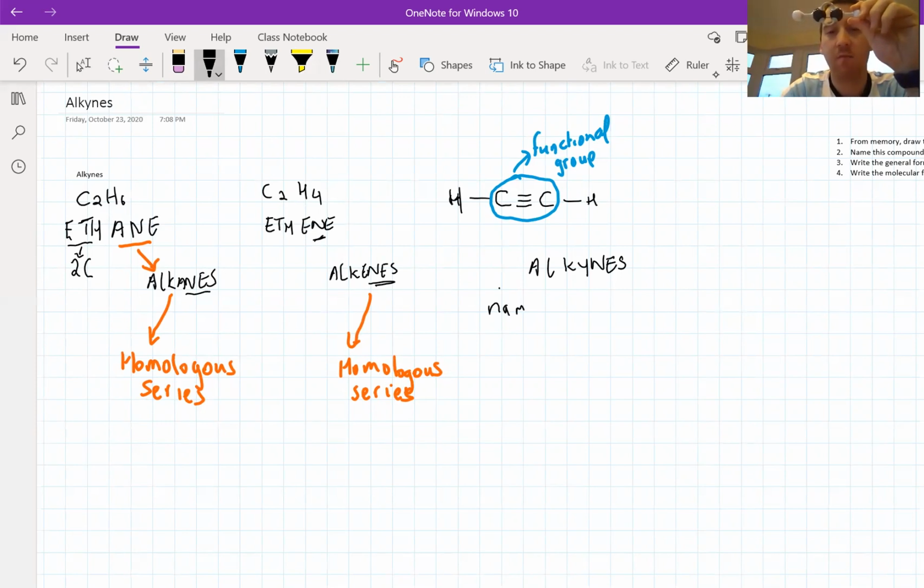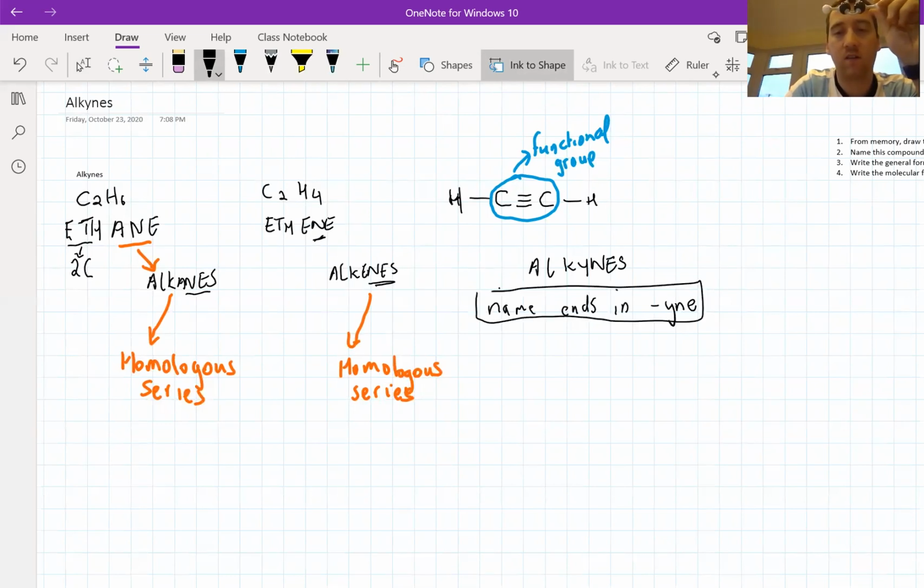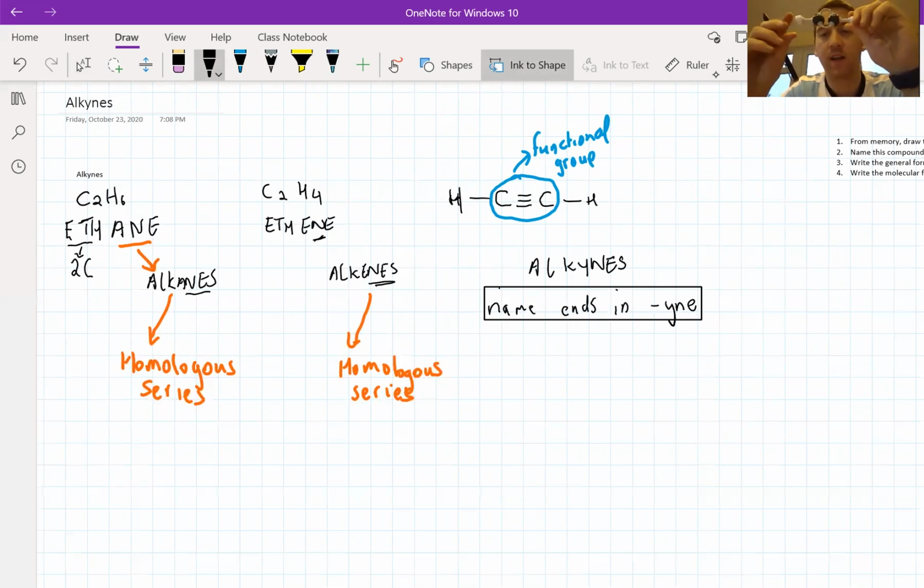So the name of any alkyne always ends in -yne. Okay, I'll show you how that works now. So that's the first thing about an alkyne.